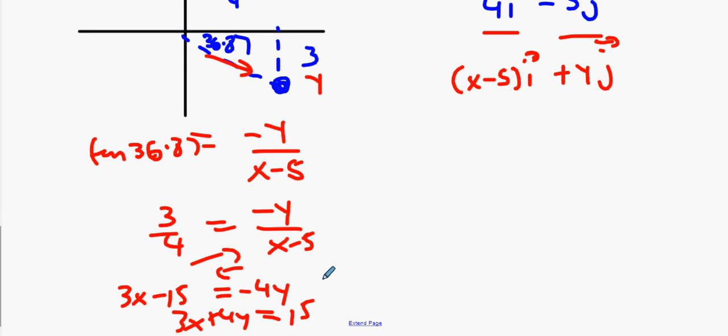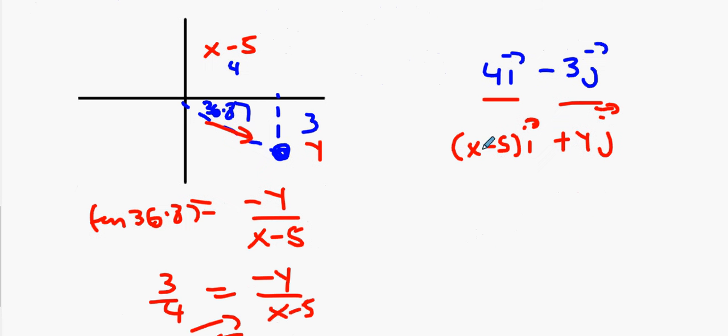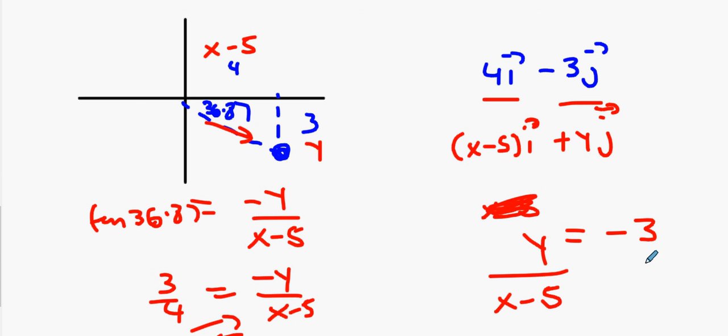Now, the reason why we didn't have to do that this time is we were given it in vector notation, not angle notation, okay? So in a case like this, what you can just say is x value equals x value, y value equals y value. So you can just say, oh sorry, it's usually the other way around. So y equals minus 3. The x values are the same, so x minus 5 equals 4.